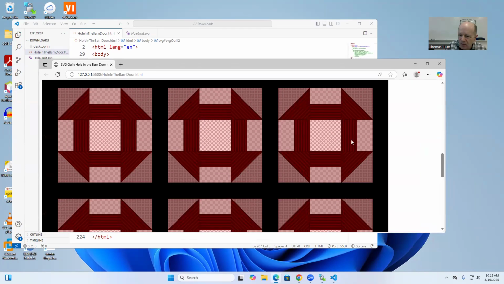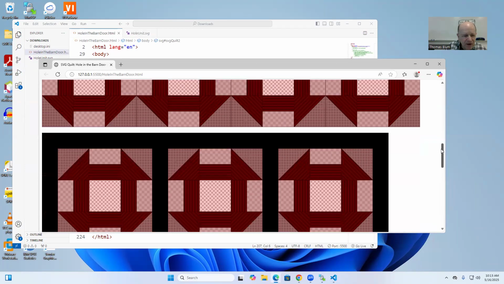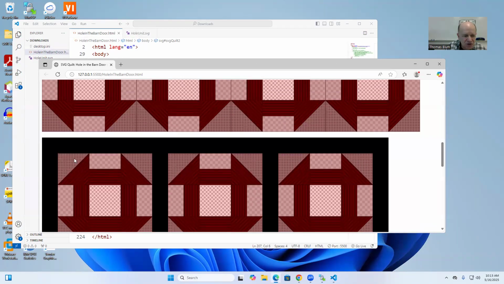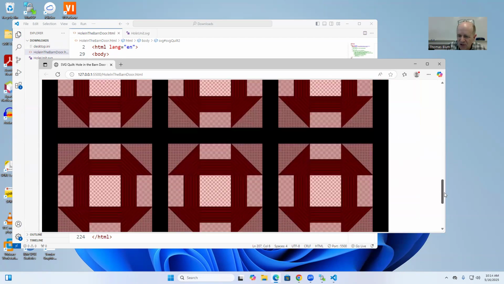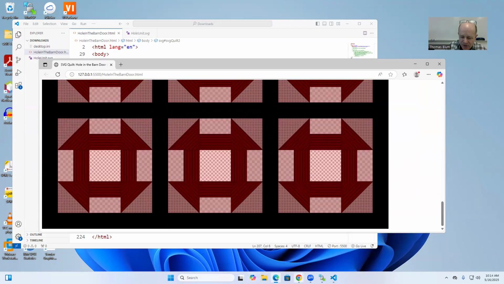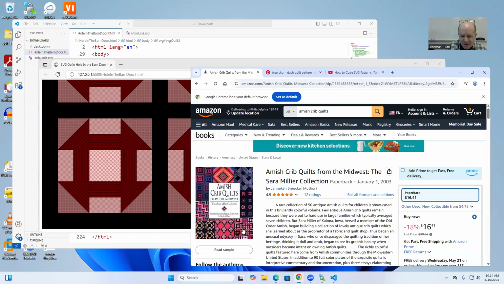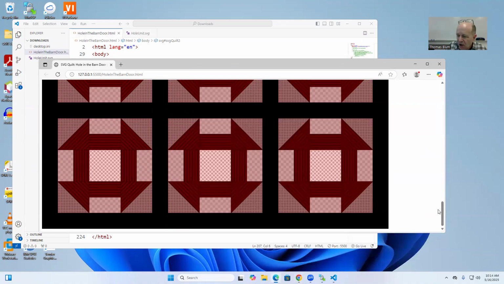I gave it a black background, placed these images, and gave myself some space between the patterns. That was matching to some extent this original quilt that was my inspiration.